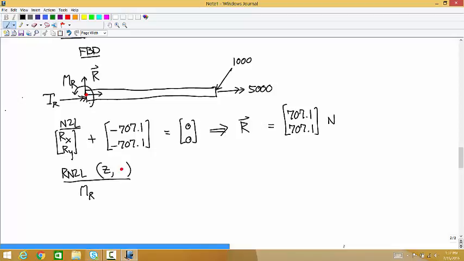What about this 1,000? We can think of breaking that up into components. We have a component here that's 707.1 and a component here that's 707.1. The horizontal component doesn't produce a moment about z because its line of action goes right through the about point. What's the moment arm for this vertical 707?